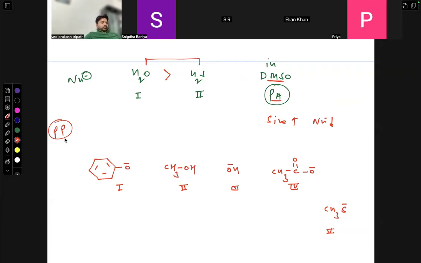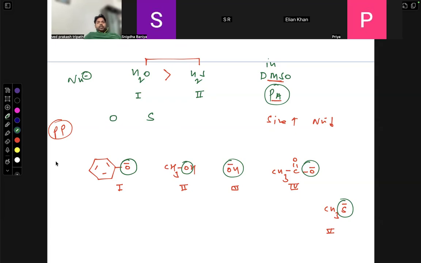Tell me. Whenever you have something like that, always identify the donor atom first. Here we have two kinds of donor atom: oxygen and sulfur. Now tell me, what is the position of oxygen and sulfur?